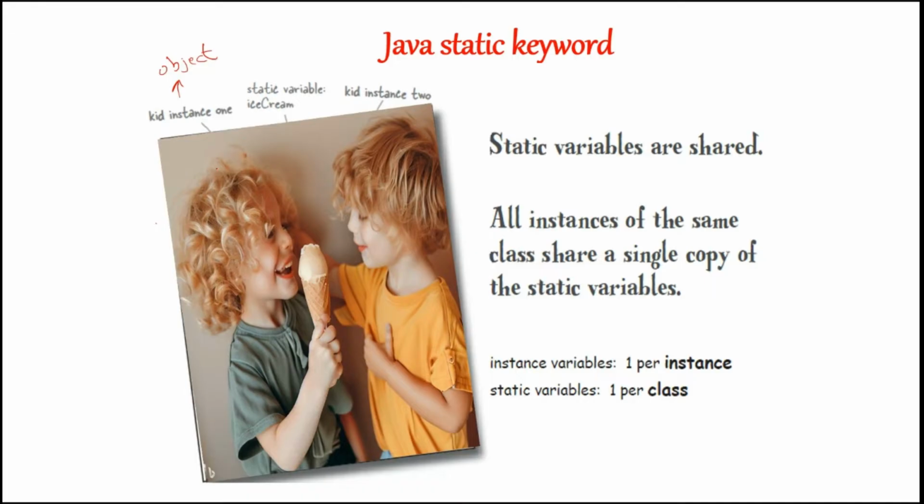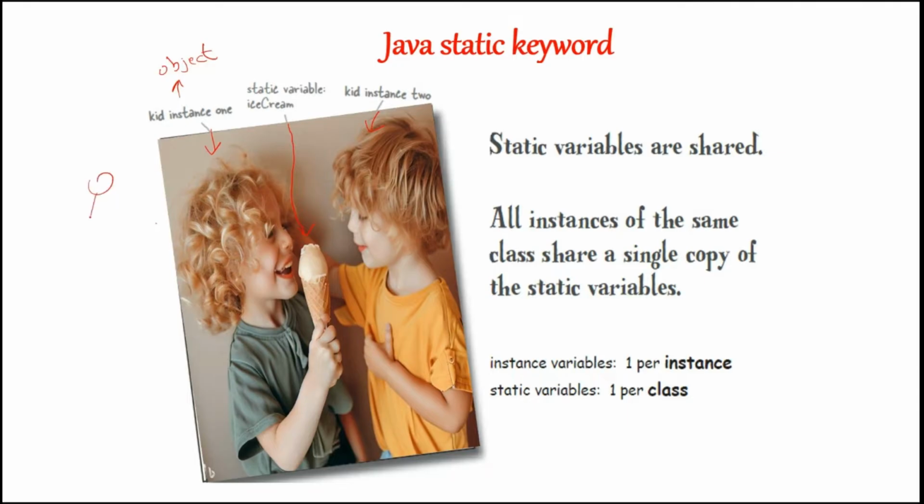So kid instance 1. Similarly, you have kid instance 2. That's the bookish example we are exploring here. And here we have something called a static variable, which is the ice cream. This ice cream is shared among the two instances, or between the two kid instances.